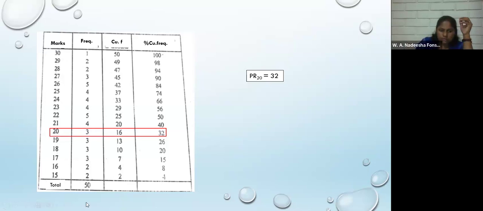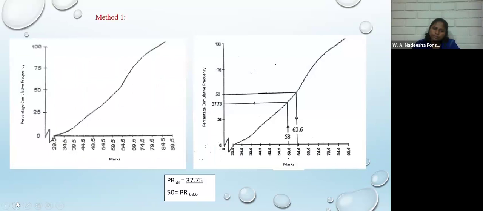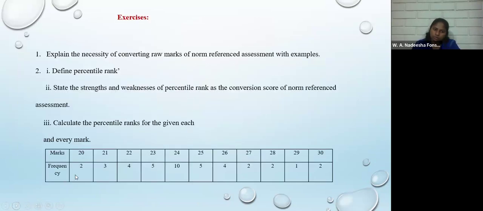In the class intervals also, within this interval there are some differences. So there are variations of marks, but we can't obtain those behaviors of marks using percentile rank. It gives only the surface value. Those are the weaknesses of percentile rank. So then calculate the percentile ranks for the given each and every mark.